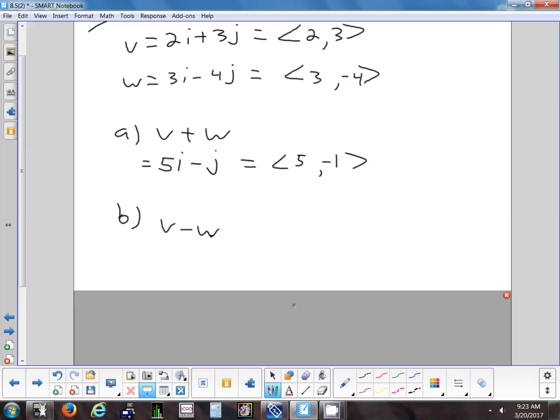And what letter would I put next to it? Not v. v and w are just the names of the vectors. Since that represents the horizontal component, Brad? Yeah, we put an i next to it. Okay, so negative 1i or negative i. And Ryan, how about my vertical component? What's my vertical component in v?